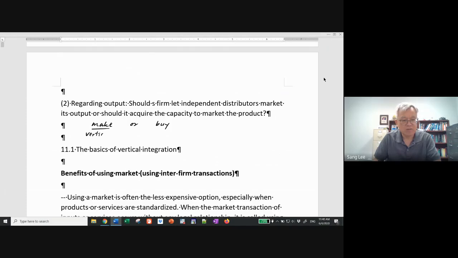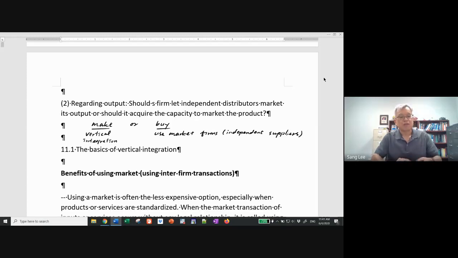Through vertical integration, you produce them internally. And the buy means you use market firms, or you may say independent suppliers.